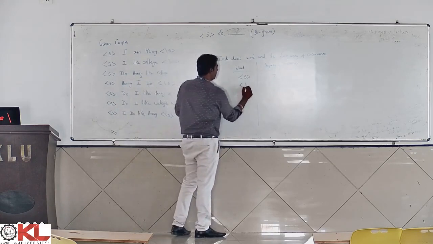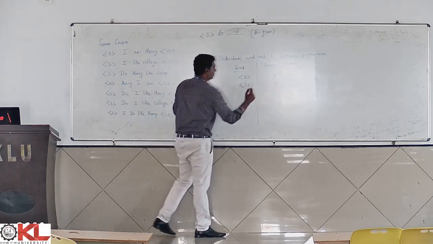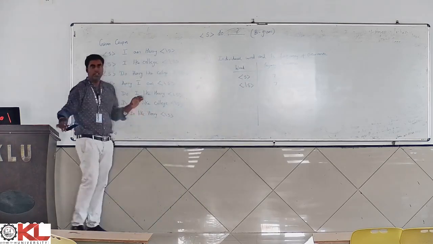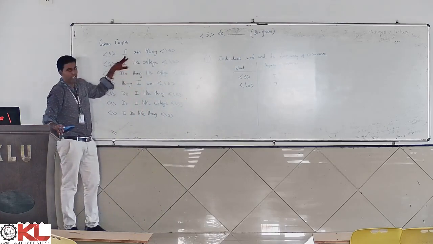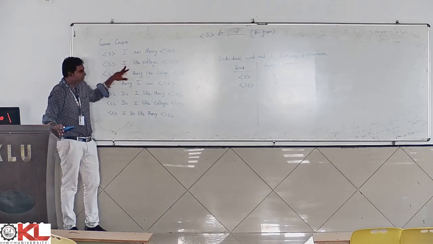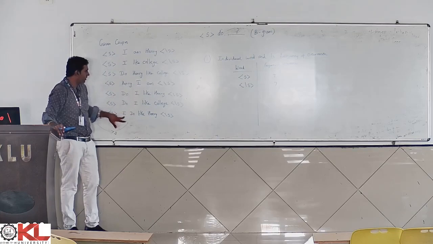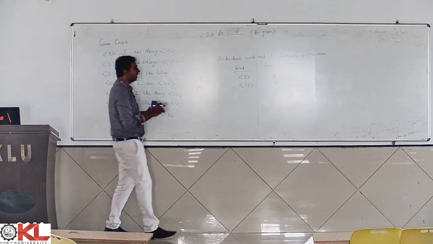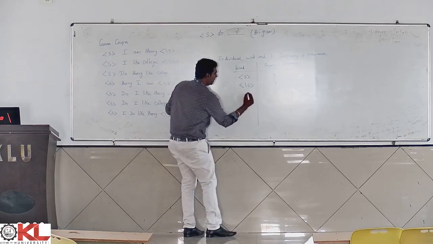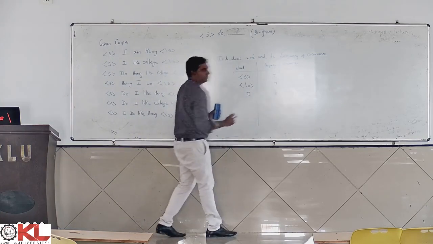Similarly, the ending of sentence also occurs 7 times. Next I am checking the word I. How many times does it occur? One time. Second time, then third time, fourth time, fifth time, sixth time. So the word I occurs 6 times in the given corpus.